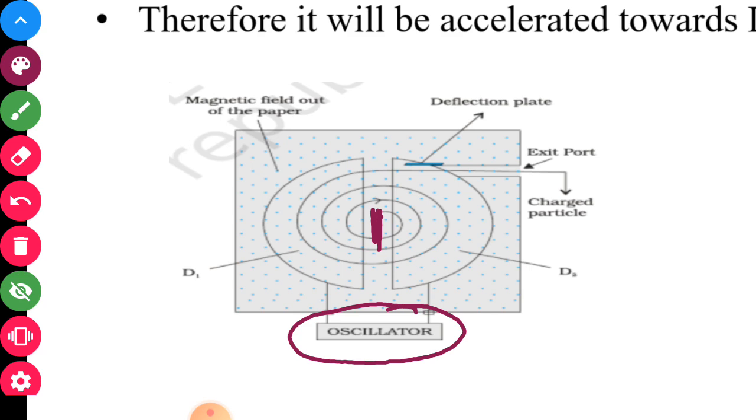So alternately these two D-shaped containers will become positive and negative.